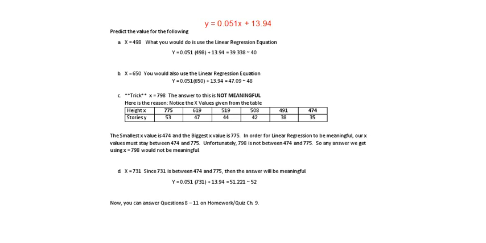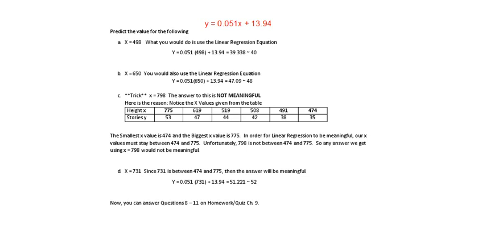So in part A, they said what happens when x equals 498? Well, we would do 0.051 times 498 plus 13.94. You get 39.338, but the closest value to it is 40 because this is a multiple choice question and 39 is not an option. So we'll go with 40.